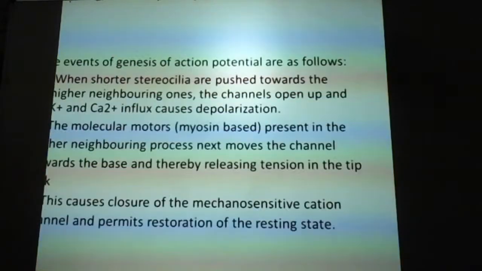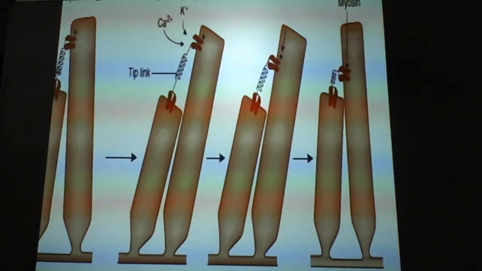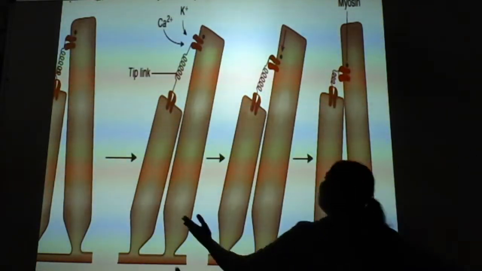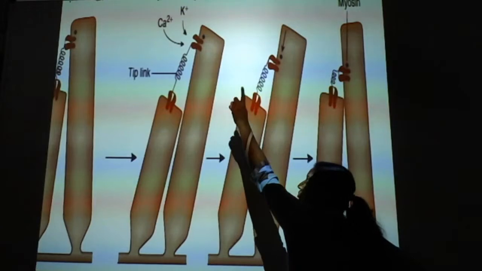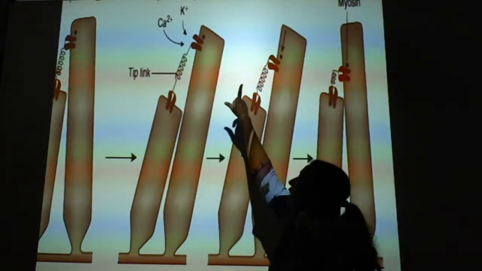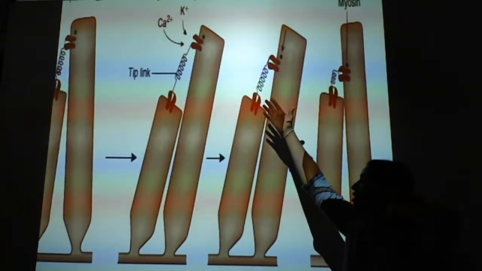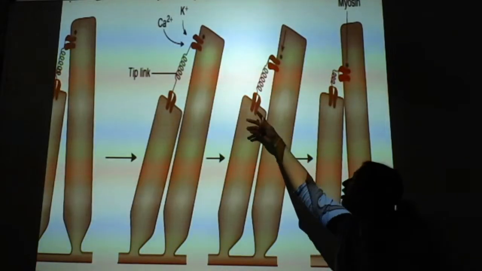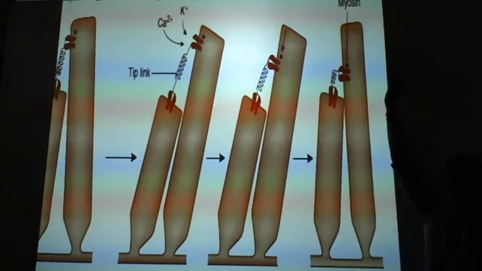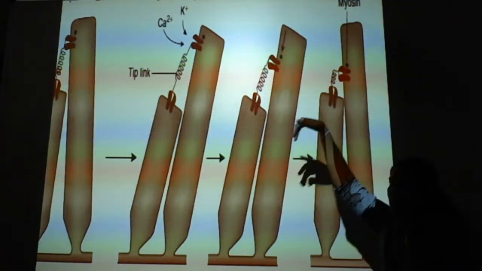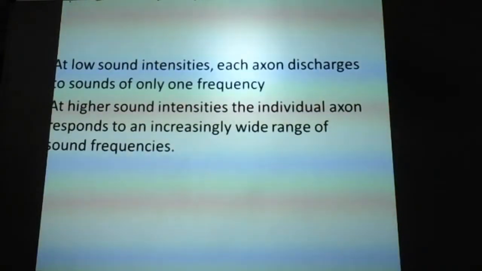You should also know how, when the stereocilia bend toward the taller ones, potassium and calcium channels open, causing influx and depolarization. Then the myosin, a molecular motor, pushes the channel downwards and causes closure of these gates, and it comes back to the resting membrane potential.